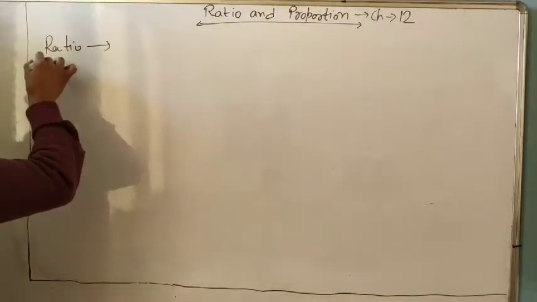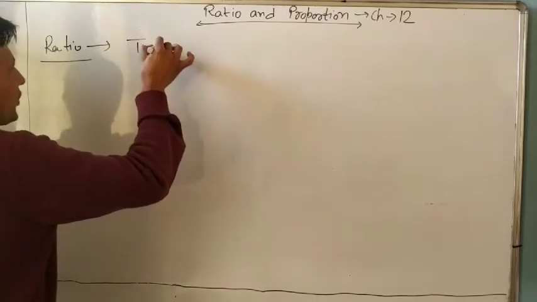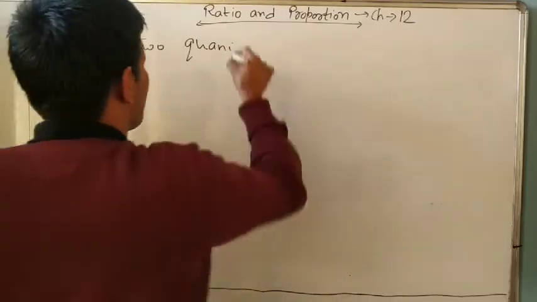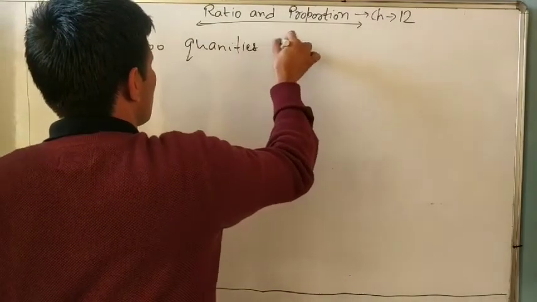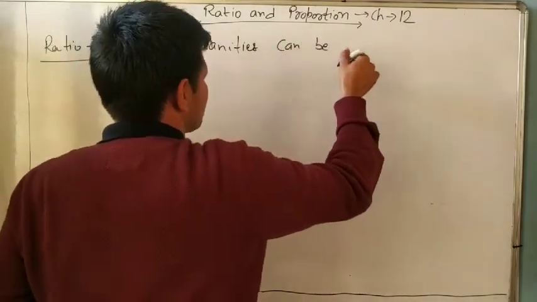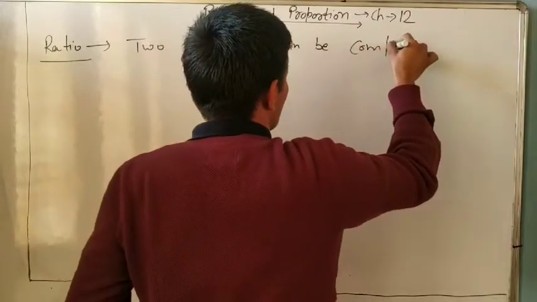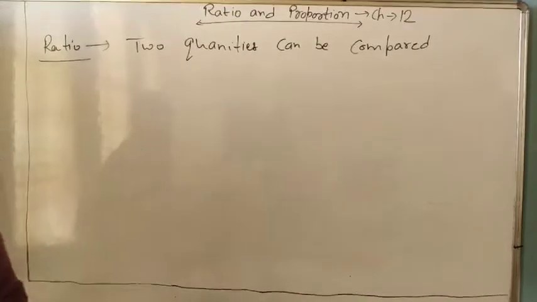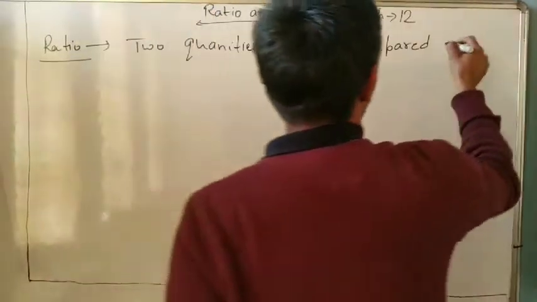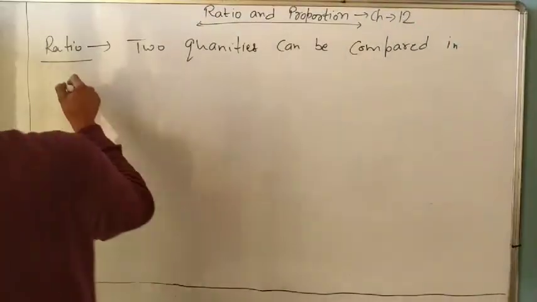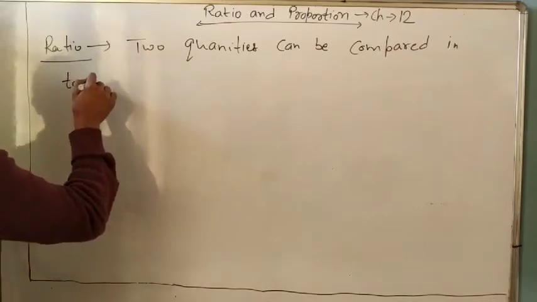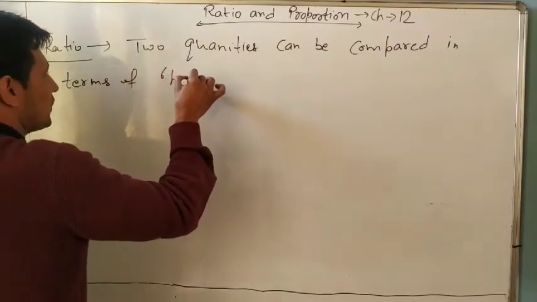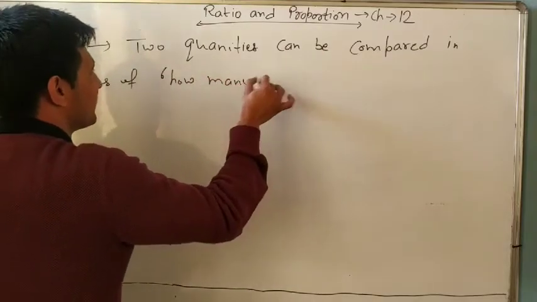Write: two quantities, or two things, can be compared in terms of how many times.